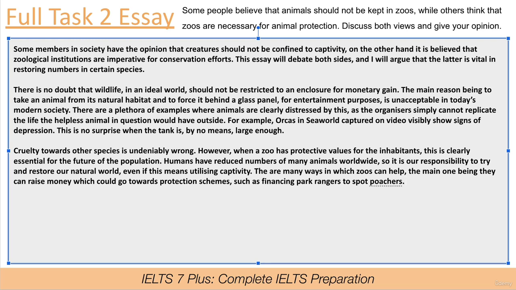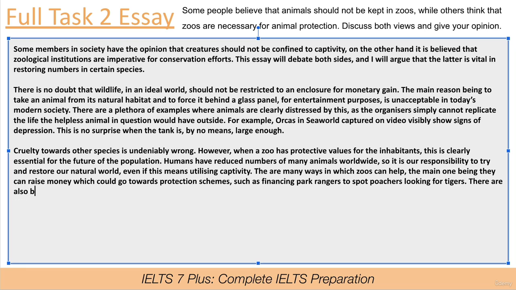So that's something that will actively help populations. They're spot poachers looking for tigers.